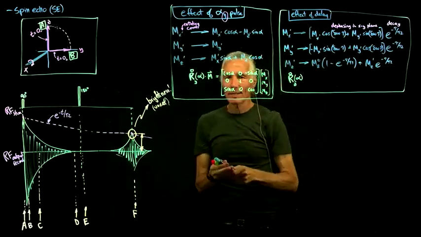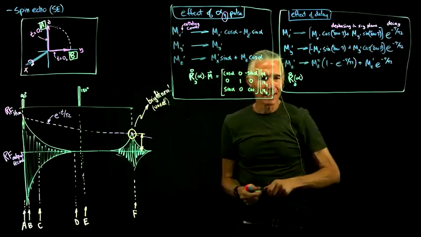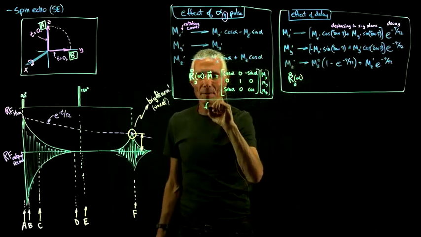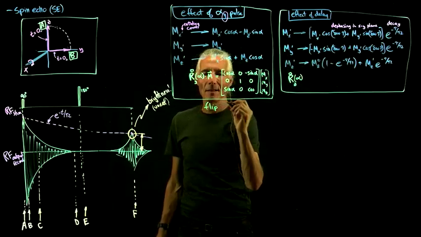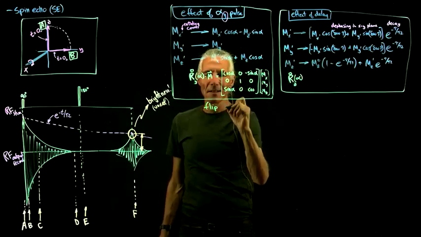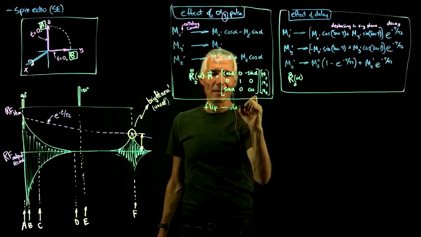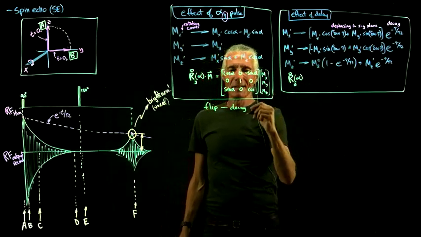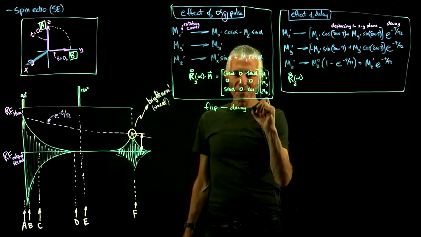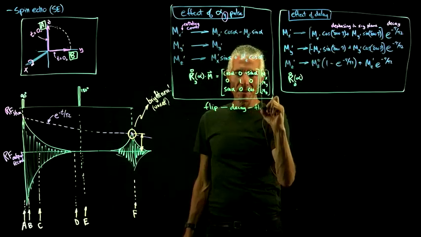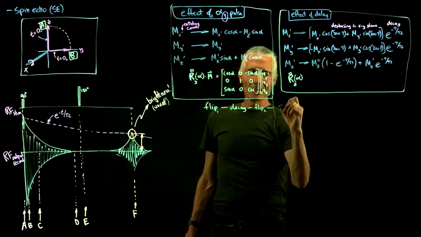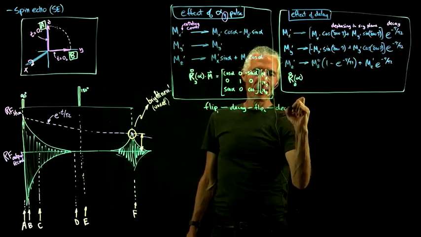So that's the plan. Flip, that's this guy, and then decay, that's this guy, and then whatever you get, stick into the flip and do another flip. Flip 2. So here's flip 1, and then stick in again for decay 2.